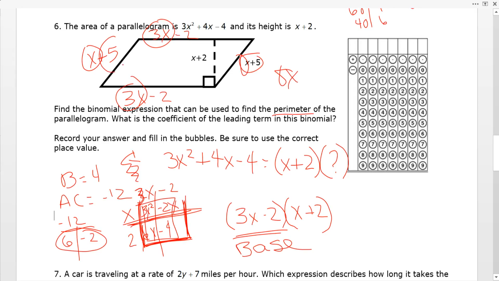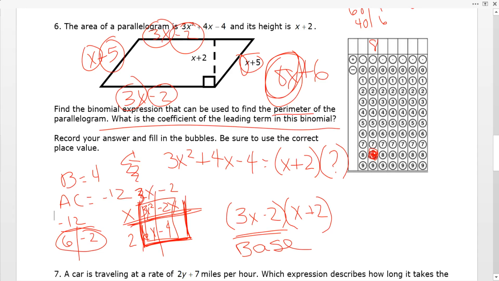And I have 5, 10, 8, 6. So I have 8x plus 6. The coefficient of the leading term is 8. So in my box, I'm putting 8. That's my answer. A lot of steps, easy answer.